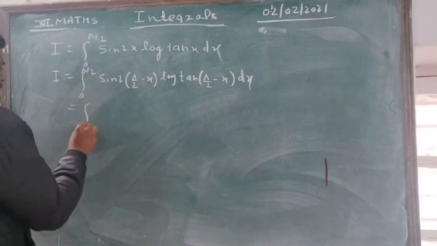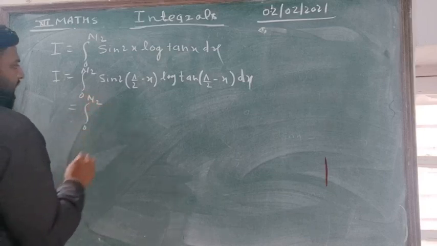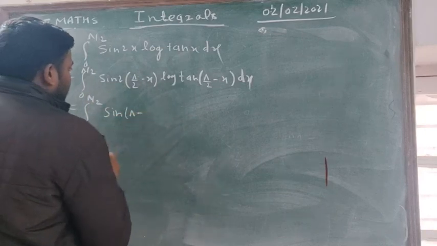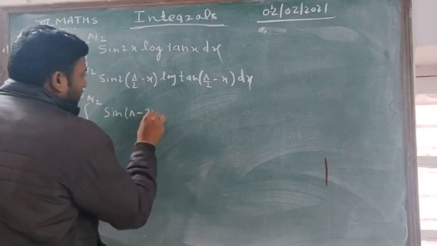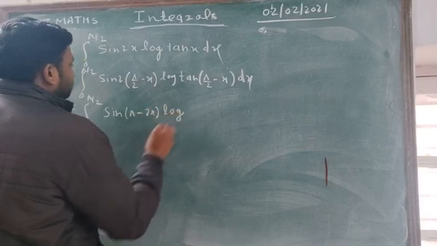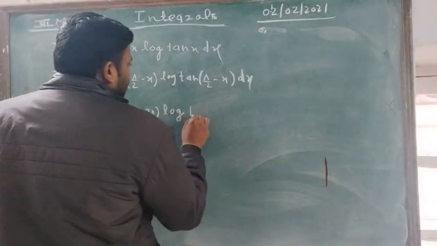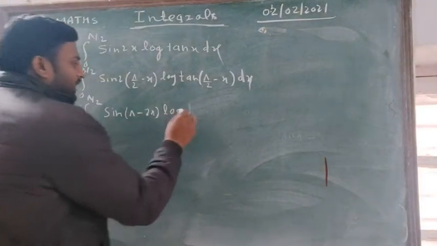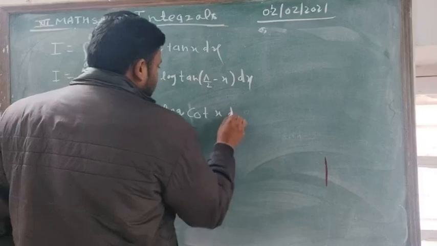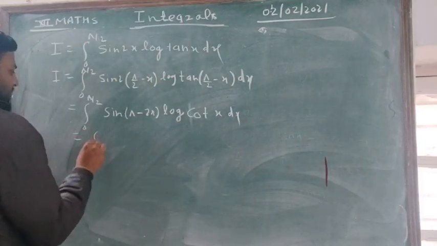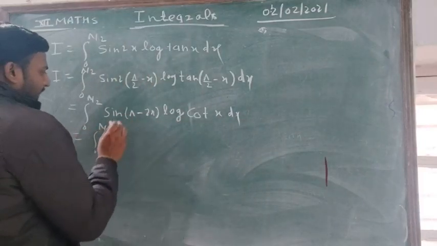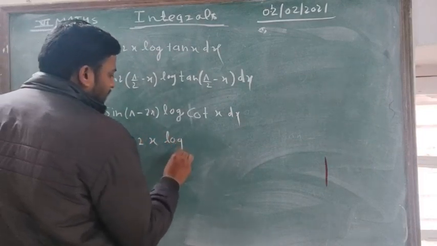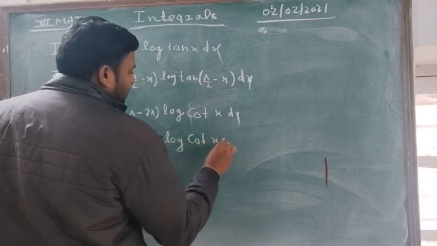Okay students, now when we write inside, we get sin(pi minus 2x), and this is log tan(pi by 2 minus x), so we can write cot x dx. Now this part is 0 to pi by 2, and sin(pi minus theta) is sin theta, so we can write sin 2x log cot x dx.